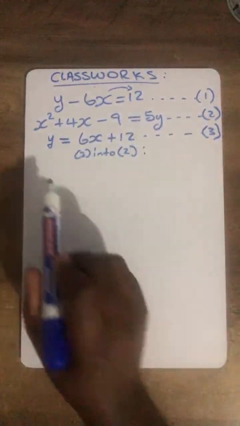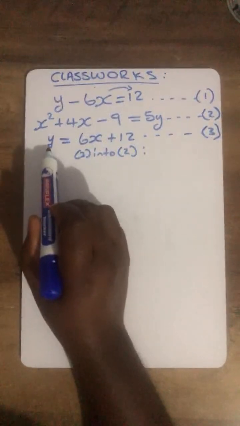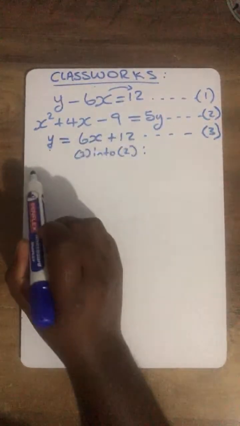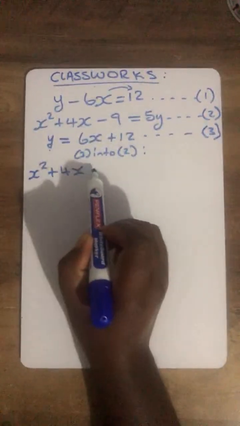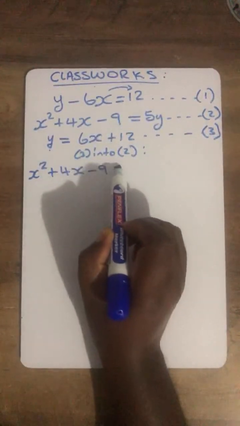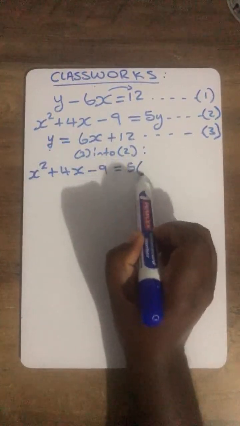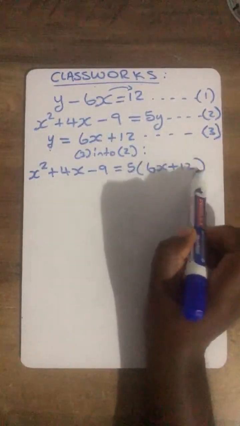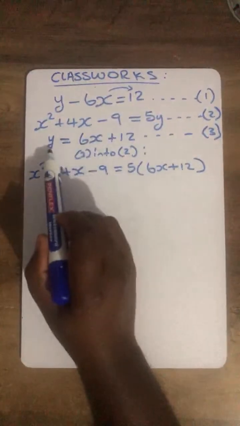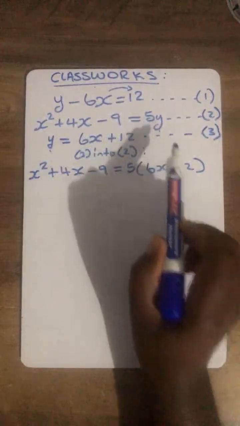Where I see x, I'm going to put all of that. So we have x squared plus 4x minus 9 equals 5 into, remember, where I see y, I'm going to put all of that.